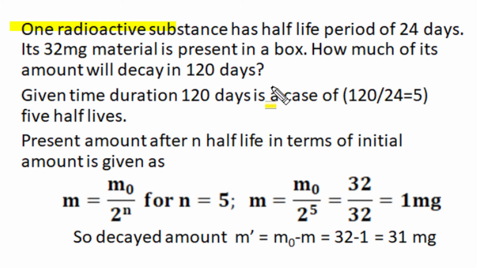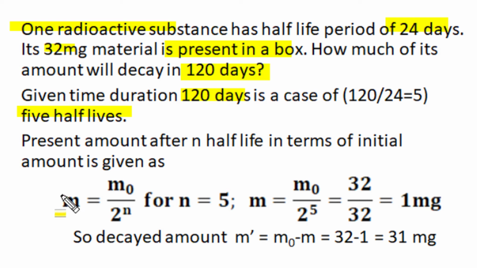One radioactive substance has a half-life period of 24 days and its 32 milligram material amount is present in a box. Now how much of its amount present in the box will decay in 120 days? So this duration of 120 days with half-life 24 days is a case of 5 half-lives, as 5 times 24 is 120.